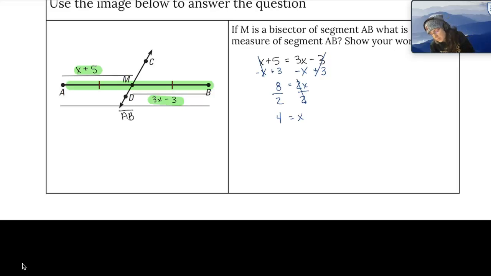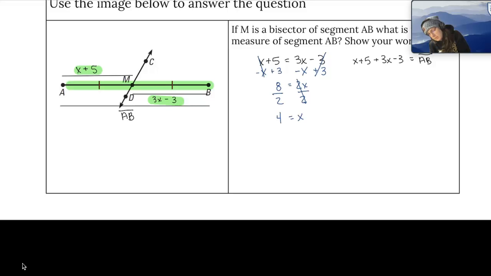Now we're going to do the same thing and substitute back in. So x plus 5 plus 3x minus 3 is equal to segment AB.